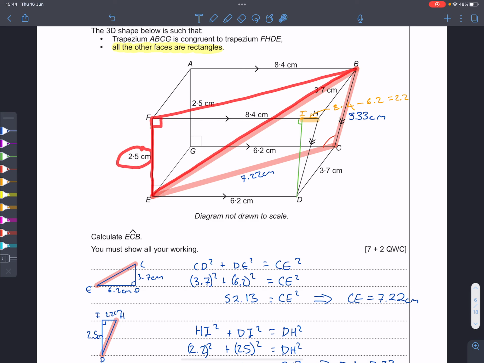Now I know the 2.5. I don't know this one. That's what I'm trying to work out. And I don't know this one actually. So there's not a lot I can do with this triangle yet until I can work out one of the other sides. Now it's not going to be this one, because that's going to be my overall thing that I'm trying to find. So I'm going to have to try and figure out what this side is.